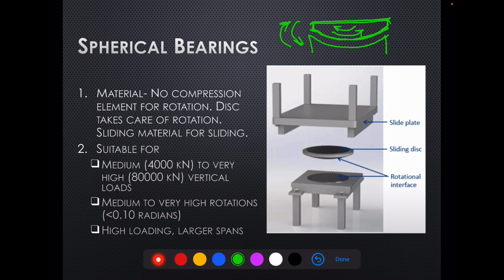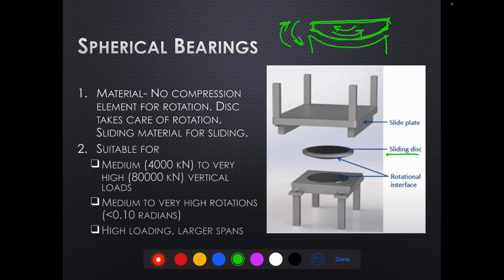On the top of it, we have sliding material over here, and it is capped by a sliding plate. So this arrangement takes care of the sliding movement. There is no compression element for rotation. The disc takes care of rotation, and sliding material is provided for sliding requirements.